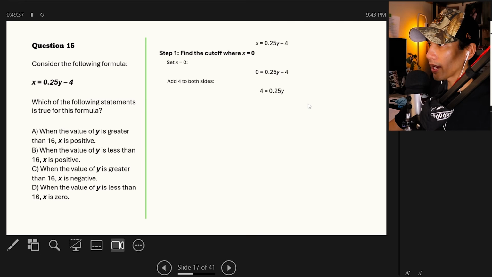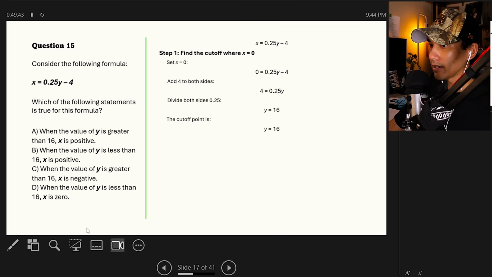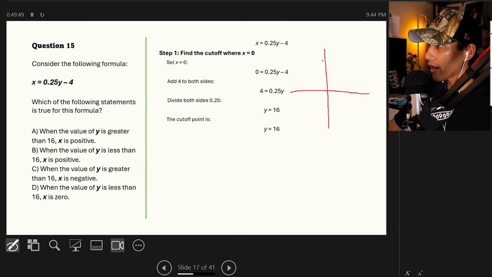The cutoff where x equals 0. Okay, y equals 16. The cutoff point is y equals 16. So how I would do this is I would kind of see this on a graph, right? 16. So the cutoff is 16. Somewhere over there is where the y-intercept is 16.